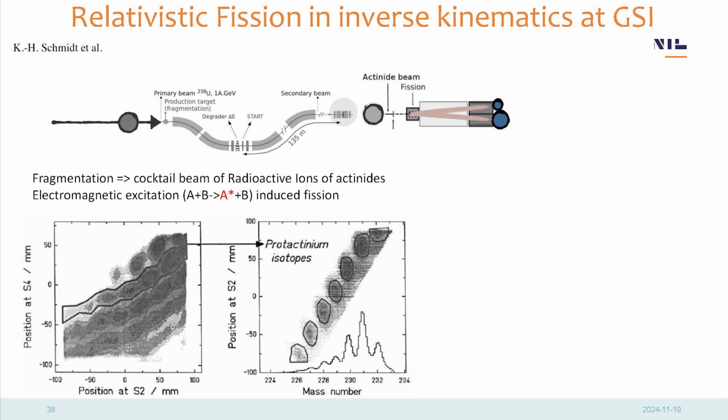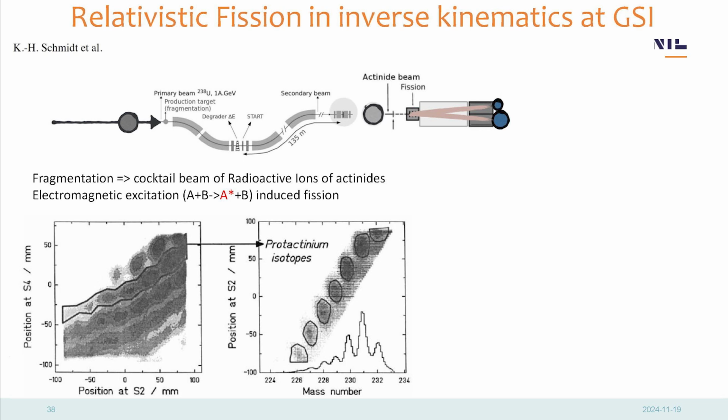You fragment your uranium beam, and you will make different products from fragmentation. You use a separator here, which was basically the FRS, so you will separate the ions. By measuring energy and time of flight, you can get an identification. Here it is in positions, but I will show you an identification later.